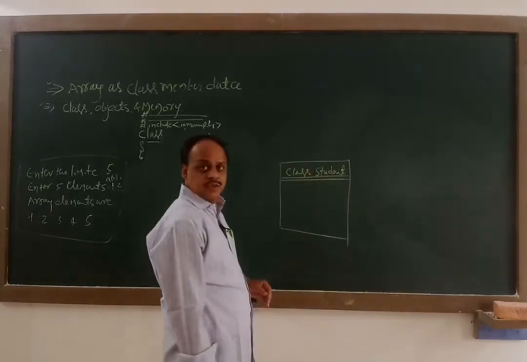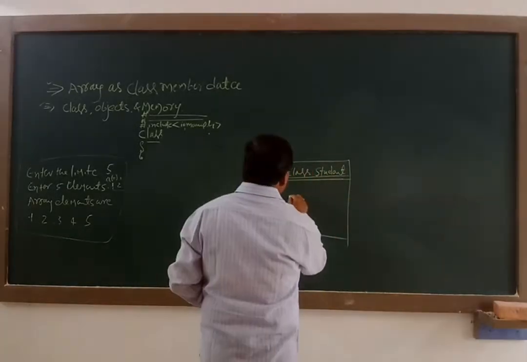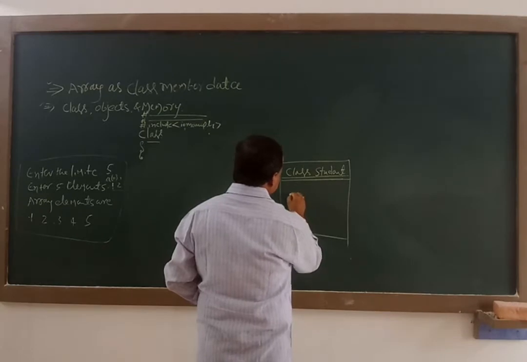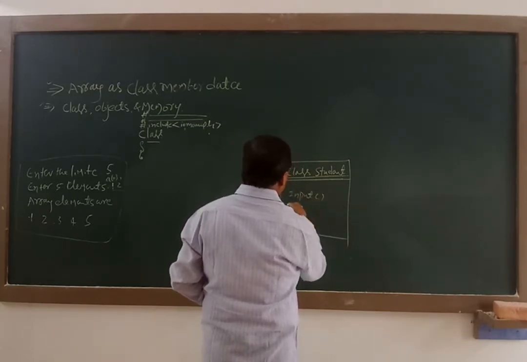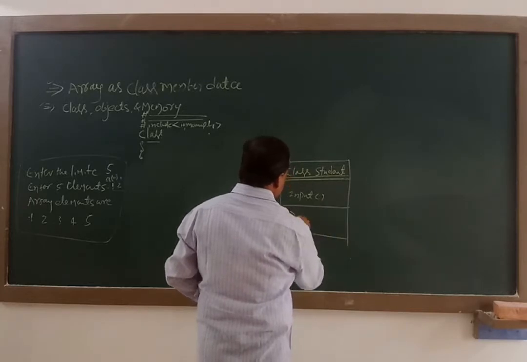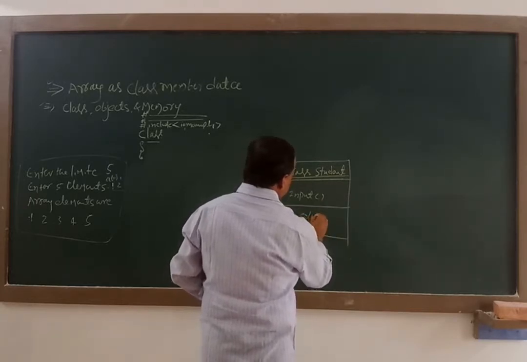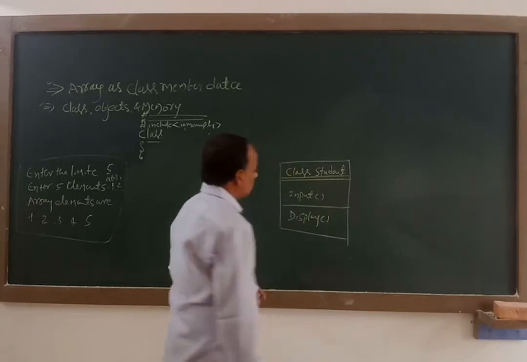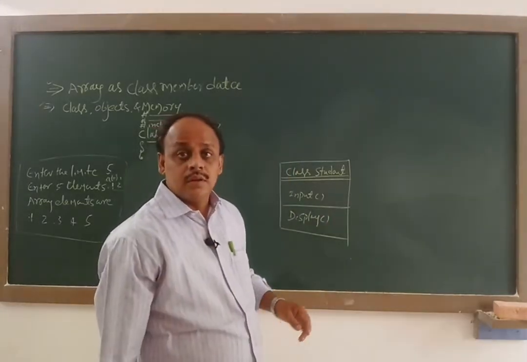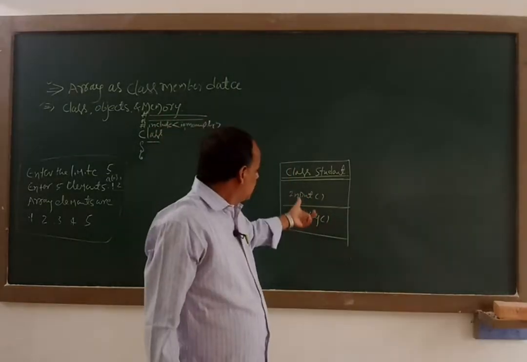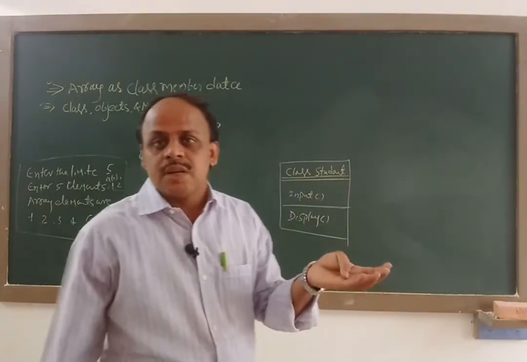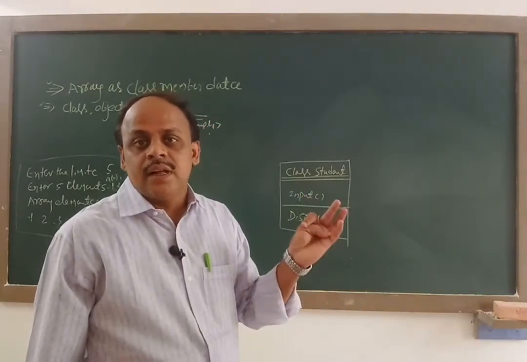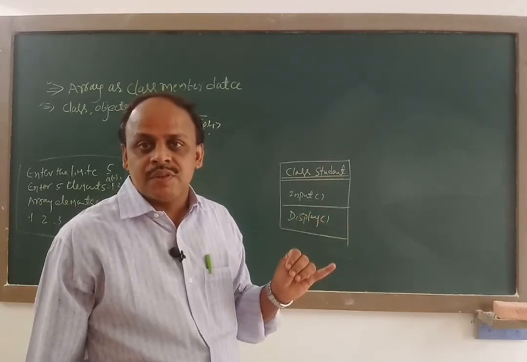This class student has member functions like input function and display function, with data members like register number, name of the student, address of the student, combination of the student.